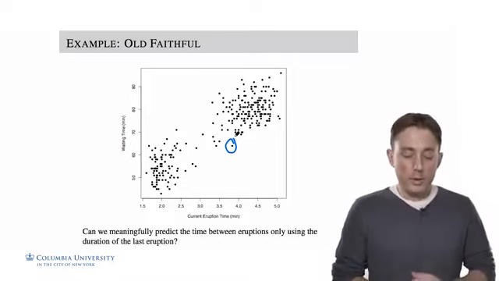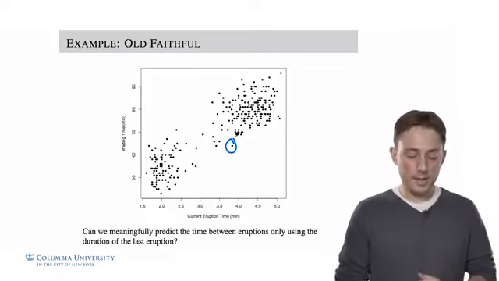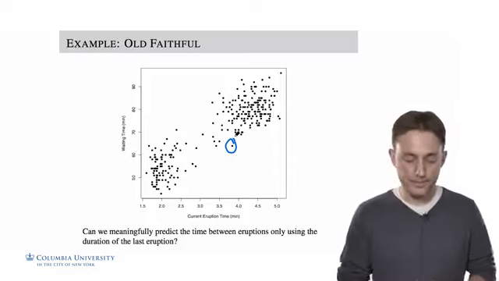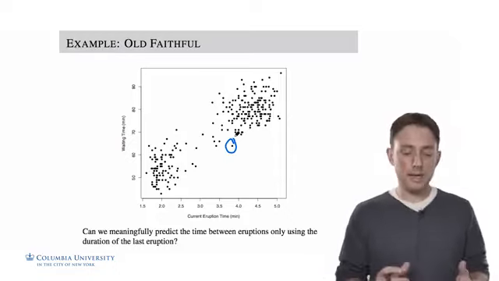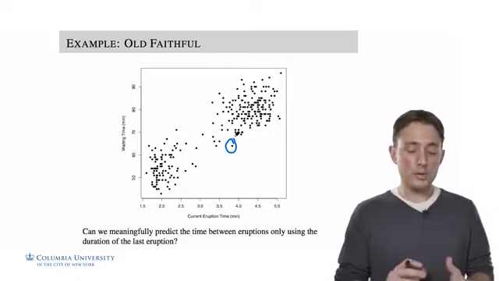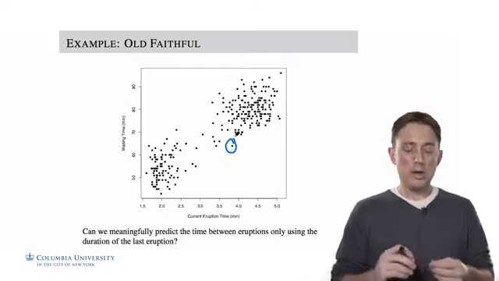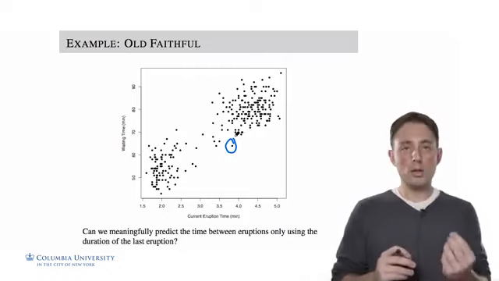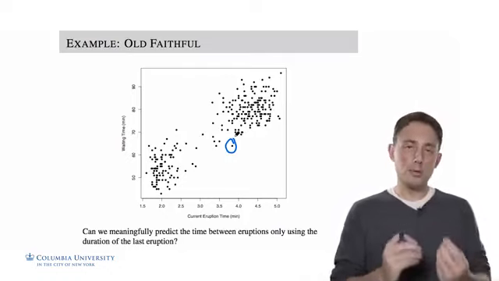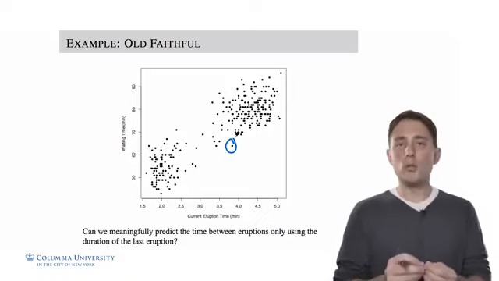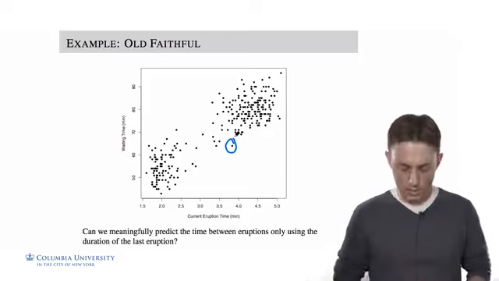Now the question is, can we meaningfully predict the time between eruptions using only the duration of the last eruption? By looking at this data, we might want to come up with some sort of simplifying function, where you simply take the input, which is how long the geyser erupted for, perform a function on that, and the output will be a prediction of how long we think we're going to have to wait for the next eruption.